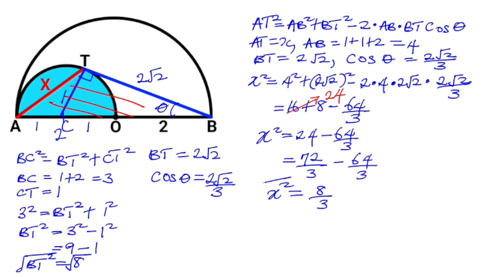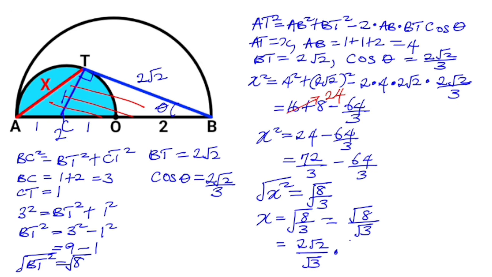Finally, to solve for x, we take the square root of both sides of the equation. Doing this will give us x is equal to the square root of the fraction 8 divided by 3. And we can rewrite this as the square root of 8 divided by the square root of 3. The square root of 8 is 2 times the square root of 2, and we are left with 2 times the square root of 2 divided by the square root of 3.